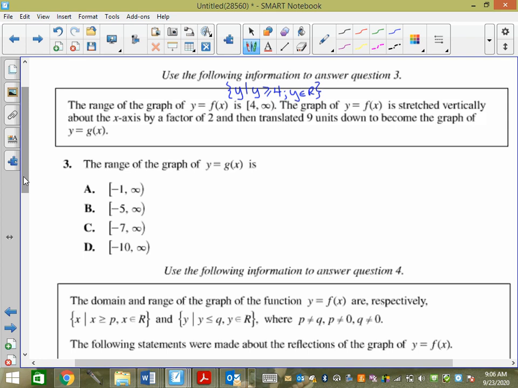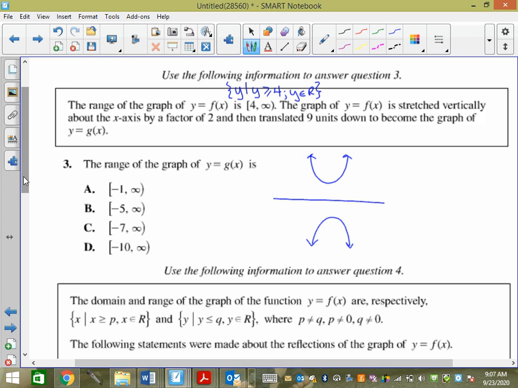So remember that when you have reflections, not only do your numbers change, but if you had, let's say, greater than or equal to 4, you're going to be what now? Less than or equal to -4, right? So not only would it multiply the y's by -1, it would cause your inequality sign to flip. So don't forget about the inequality sign flipping. Most people remember to apply it to the y, but forget to flip their inequality.